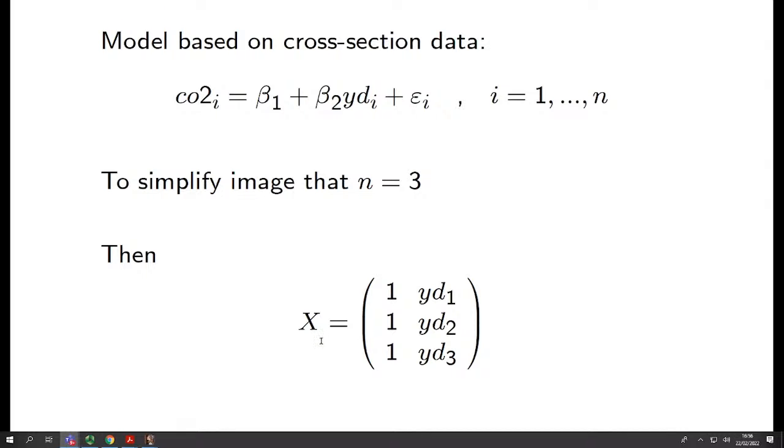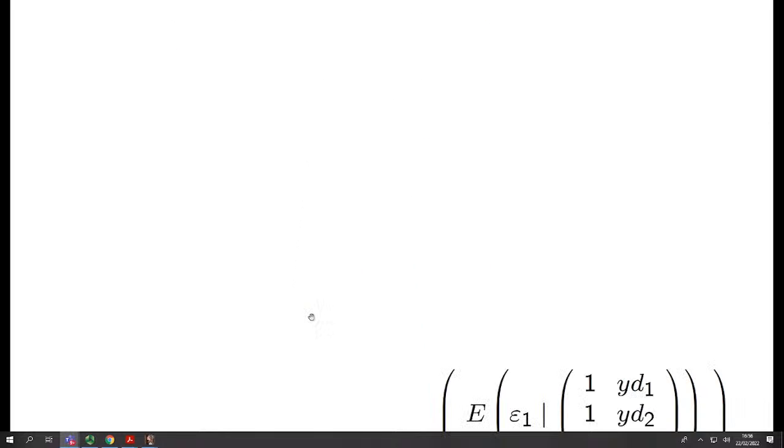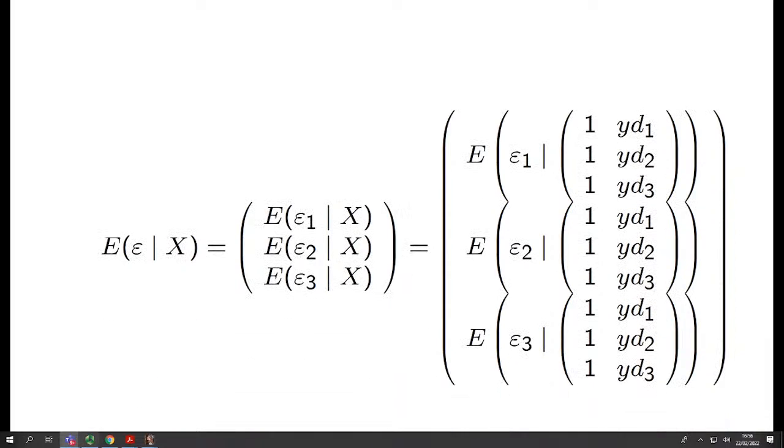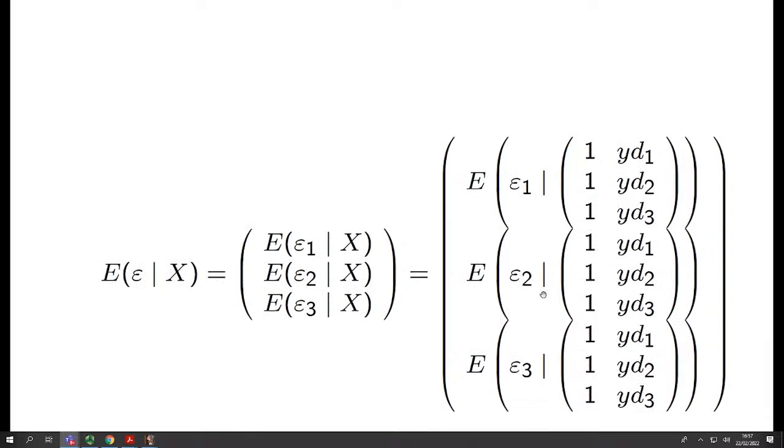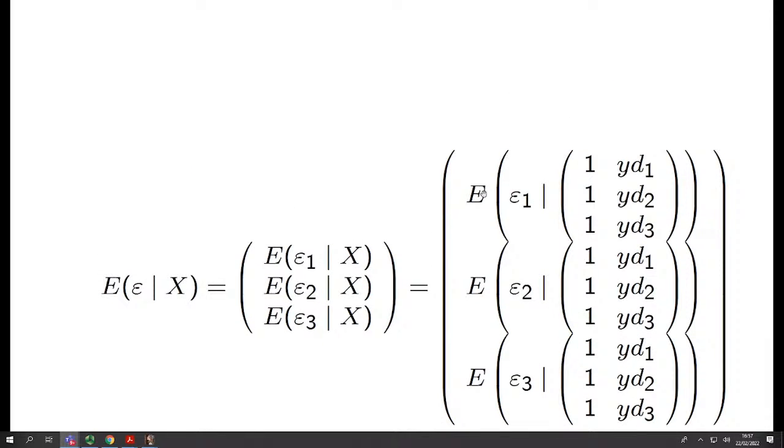Now, what's the meaning of the expected value of epsilon given X? It will be the expected value of epsilon 1 given X, the expected value of epsilon 2 given X, and epsilon 3 given X. What I'm computing is the expected value of the error term associated with the first household.